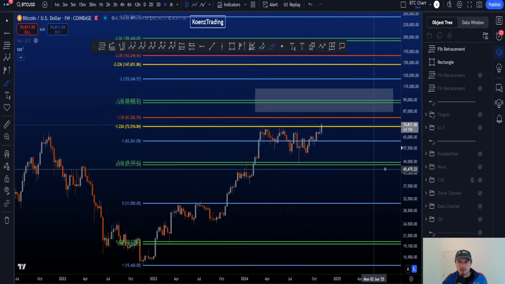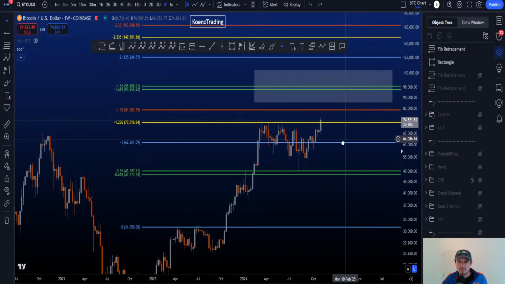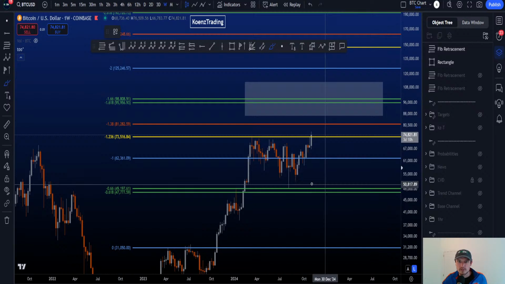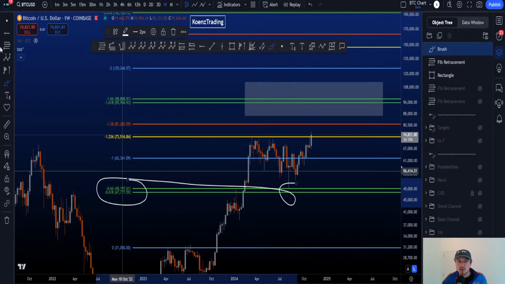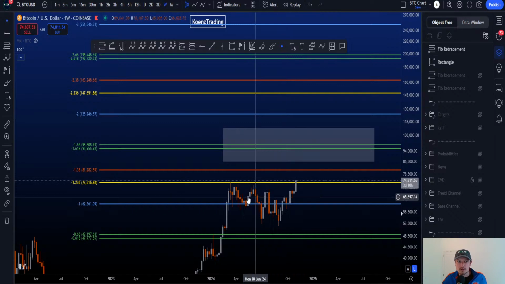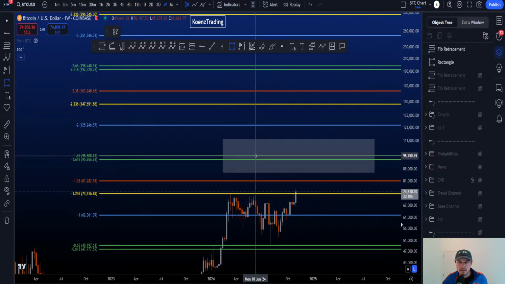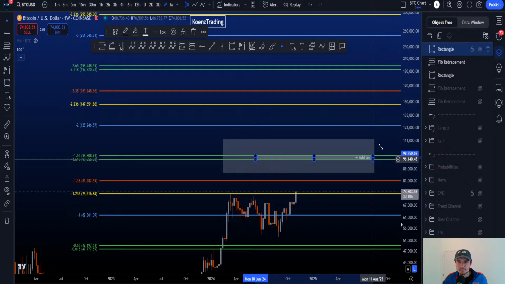So pulled from the low to the high, 1.236, 1.38 pocket, leading to a sideways range, finding support on the golden pocket, right? And now we are testing this structure again. We already tested it once though. So now, of course, we have a golden pocket up here.